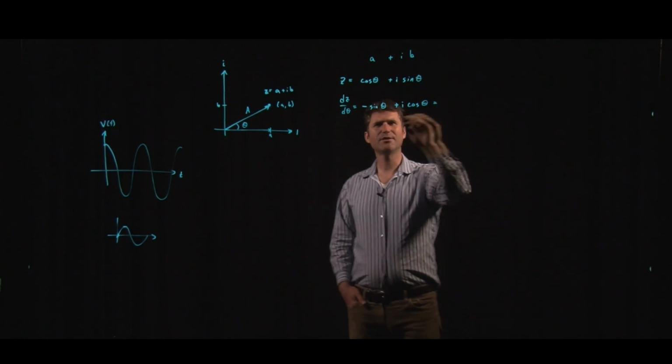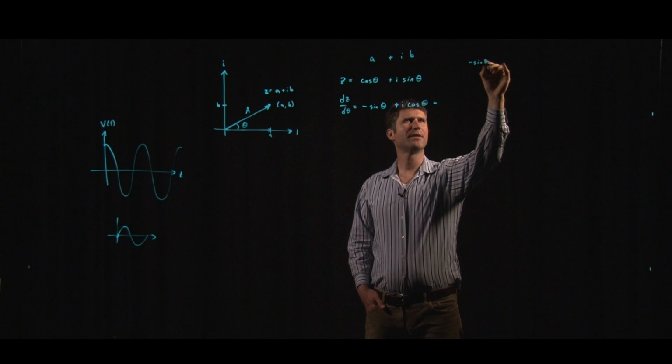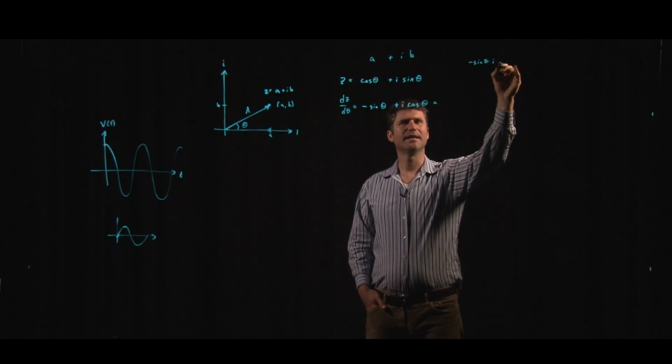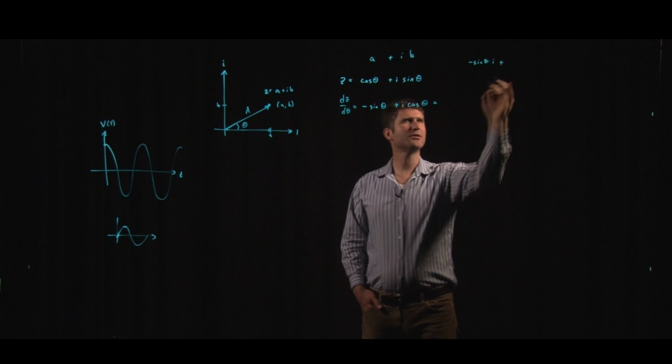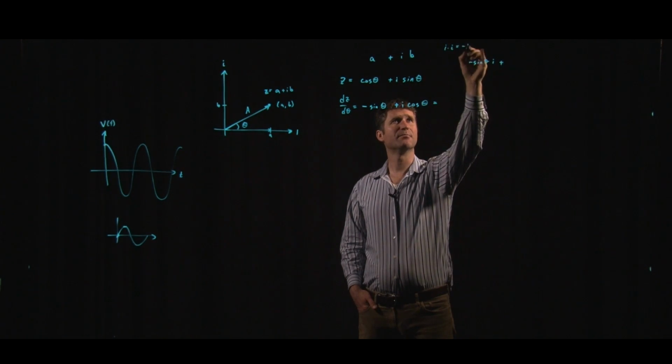So if I took minus sine of theta and multiplied by an i, and multiplied this i cosine of theta by an i, I know that i times i is equal to minus 1.